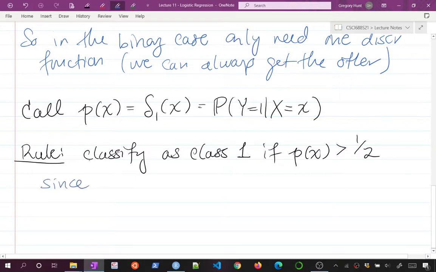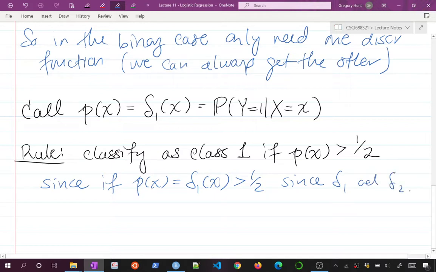we can basically say that if p of x, which is delta 1 of x, is bigger than 1/2, since delta 1 and delta 0 of x sum to 1, then delta 0 of x has to be less than 1/2.